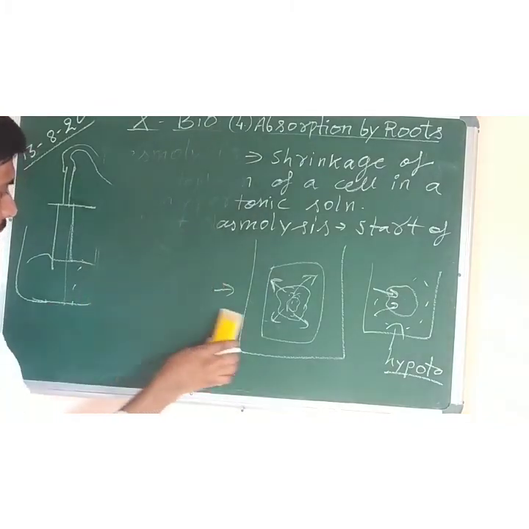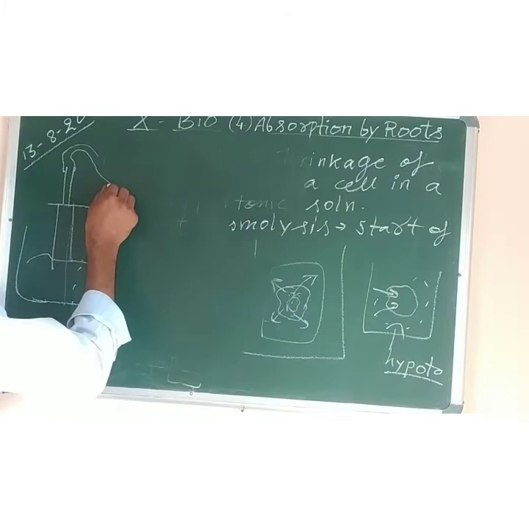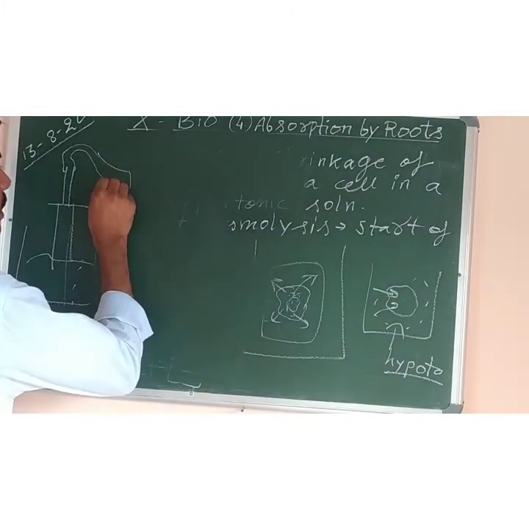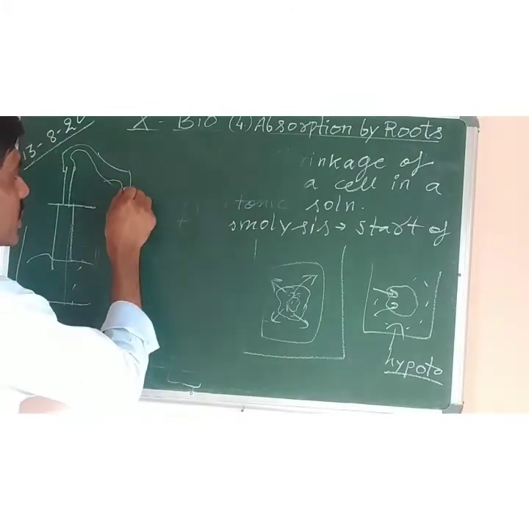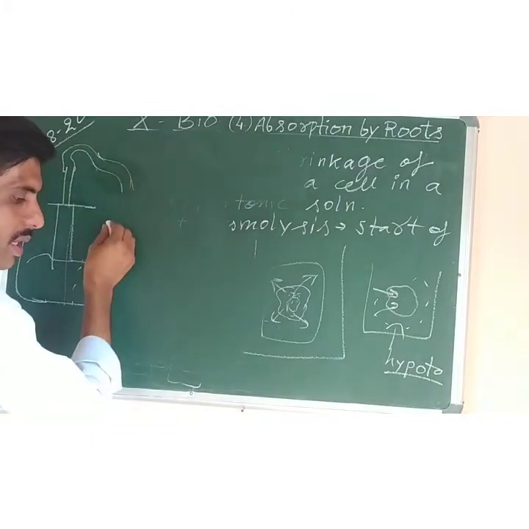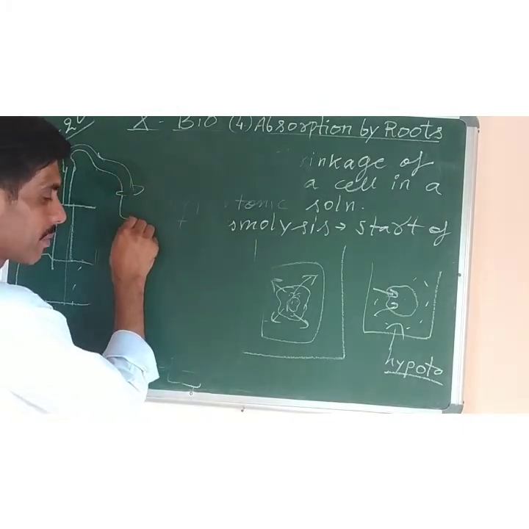The rubber tube is connected with a manometer, which is filled with mercury. You can see the diagram in your book. A mercury-filled column is there.